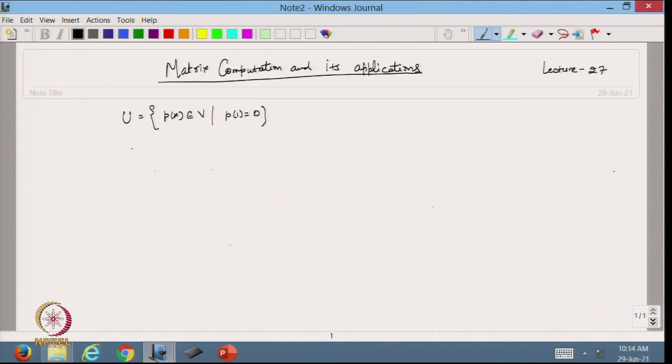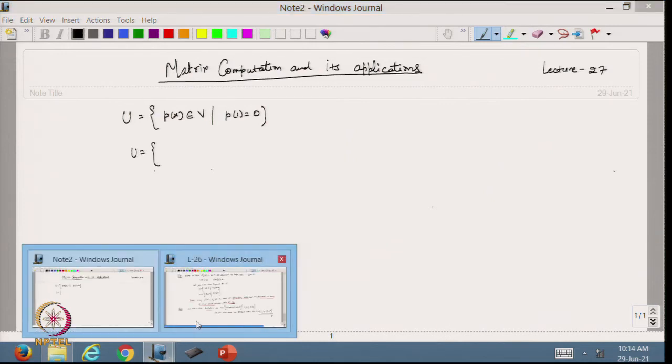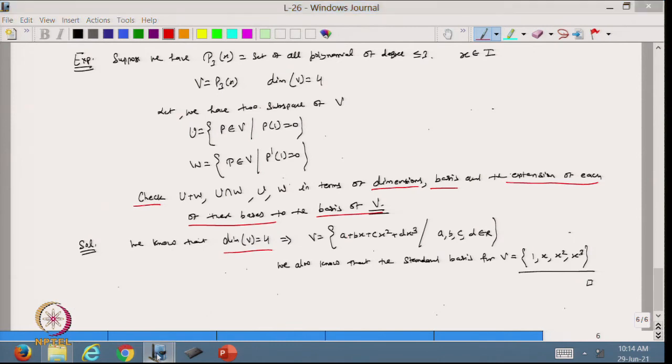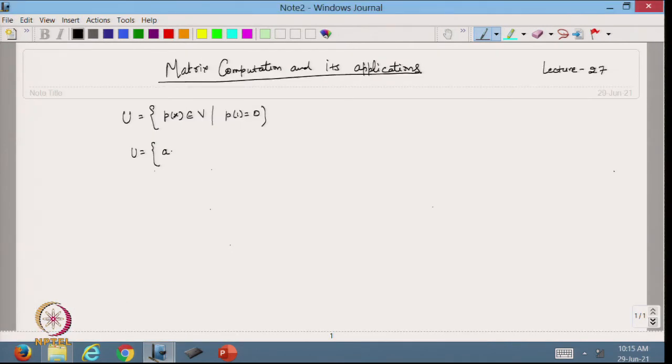It means that I am taking the polynomial a plus bx plus cx square plus dx cube such that a plus b plus c plus d is equal to 0, because P(1) will be a plus b plus c plus d, and this value is given to me, that is 0.